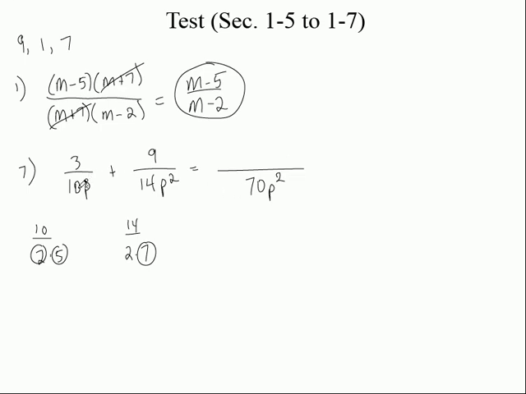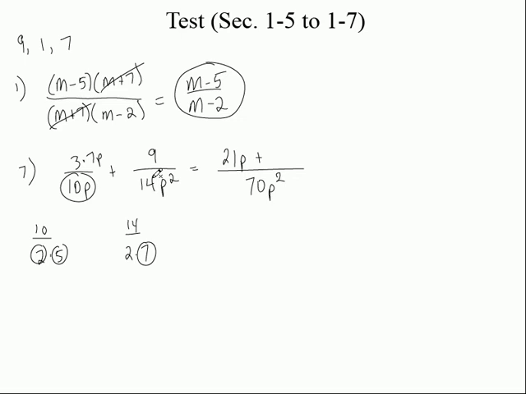So now what you have to do is find out what your numerator is going to be. So you have to ask yourself, what did you do to 10p to get to 70p squared? Well, what did you multiply 10 by? A 7. So you multiply the top by a 7, right? Well, what did you multiply p by in order to get to p squared? Just a p. So you multiply those together. 3 times 7 is 21p. Plus, what about this?